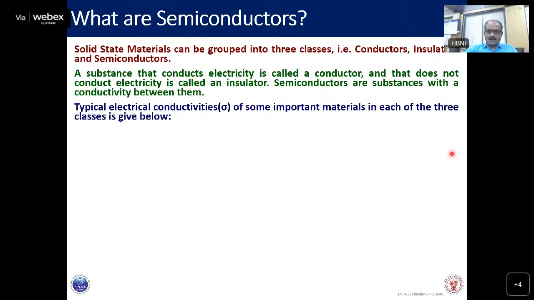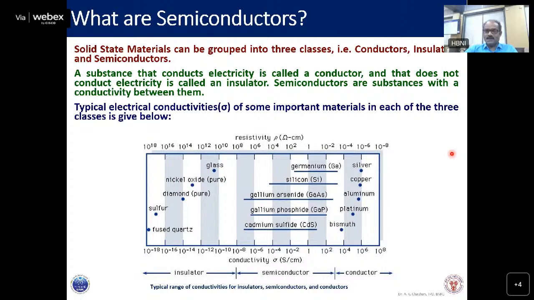Typical electrical conductivities of some important materials in all these three classes, that is conductors, insulators, and semiconductors, are shown in this figure. If you see the resistivity, resistivity is actually the opposite of conductivity, and you must have heard the word resistance.